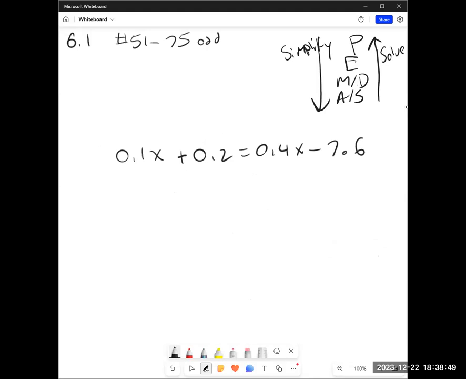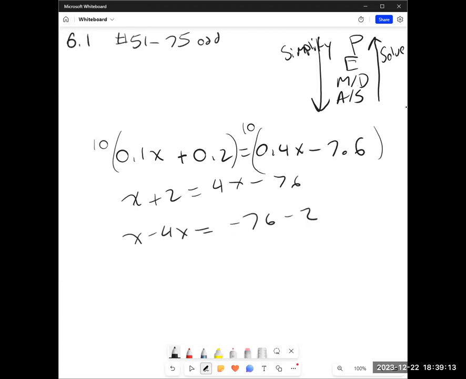We can clear the decimals here if we would like to start off with by multiplying both sides by 10 and shifting the decimal points to make this x plus 2 equals 4x minus 76. That's really the same problem. So let's make this x minus 4x equals negative 76 minus 2. Negative 3x is equal to negative 78.